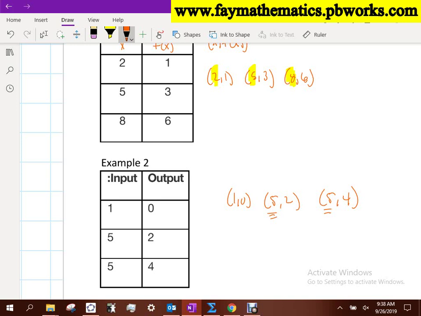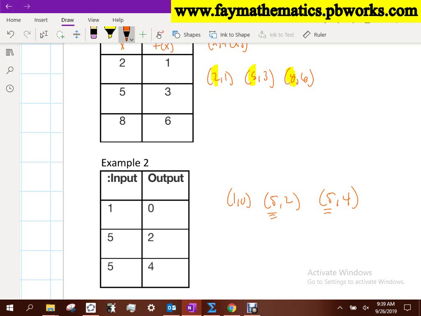In this case, it's paired with 2, and then it's paired with a different value, 4, right? So if you were to graph those, they would be stacked on top of each other, two different points, (5, 2) and (5, 4), which would make it fail the vertical line test. So this is not a function, because we violate the definition that says every x value is paired with only one y value.